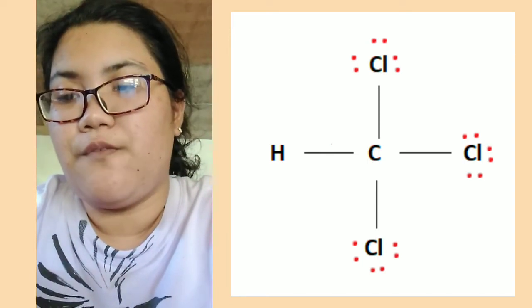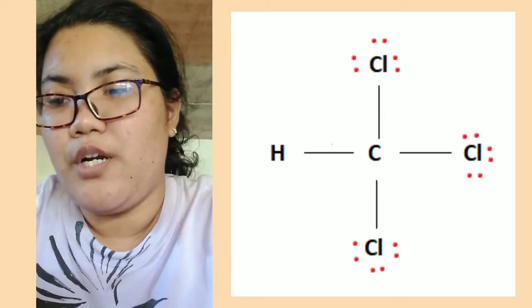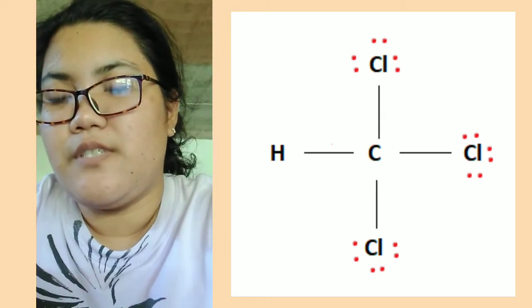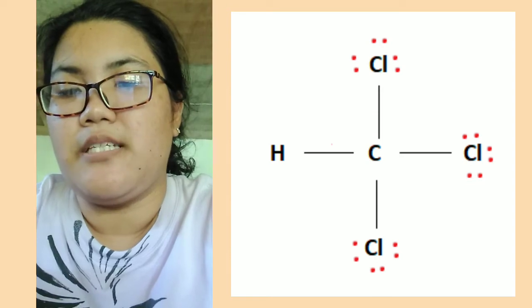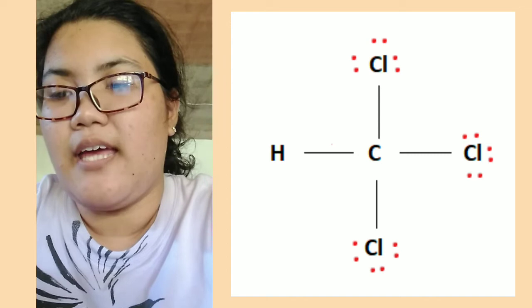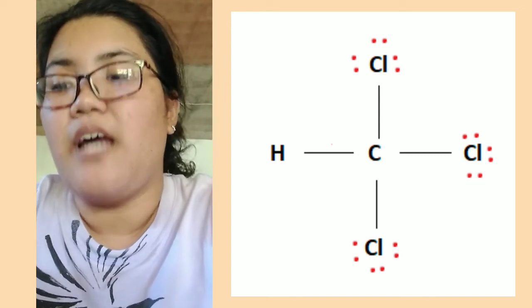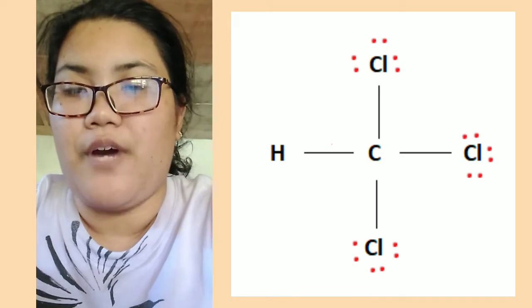Due to the presence of 4 electron domains, and its steric number being 4, the hybridization of CHCl3 is sp3, a tetrahedral molecular structure with bond angles of 109.5 degrees.